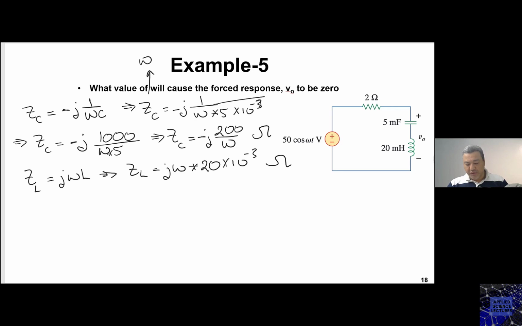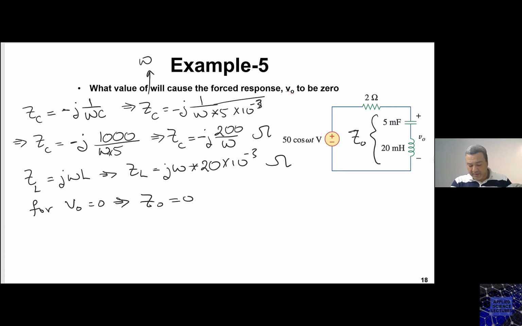So for V naught to be 0, this impedance, let me call this one Z naught, should be 0.